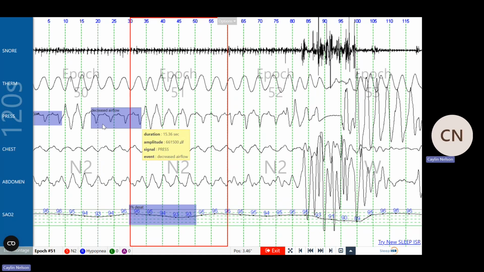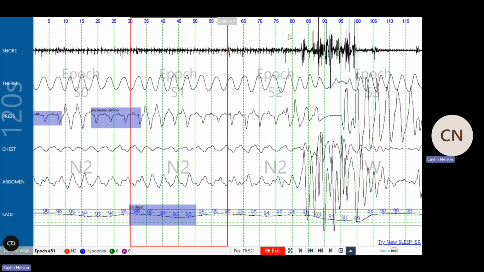The decreased airflow caused the hypopnea and caused the desaturation there. Now there is the additional one in epoch 50. You see that 96 down to 93 from the beginning of epoch 50 to the 20-second mark. So moving on, we do see that arousal kind of going on there.